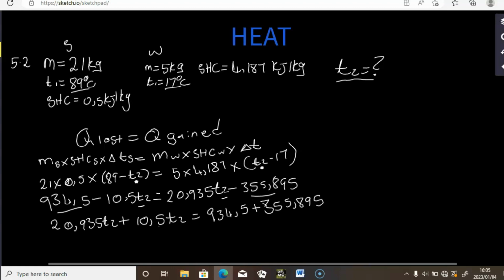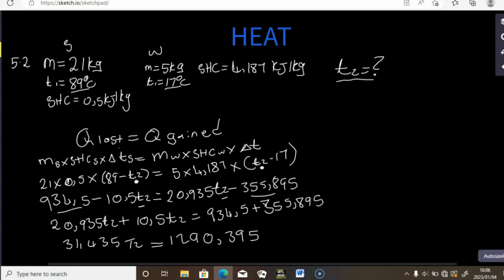We're not taking a common factor, we're just going to add, because we have a positive sign. It's not a multiplication sign. Adding these two, we're going to end up with 31.435 T2, which is equal to 1290.395.